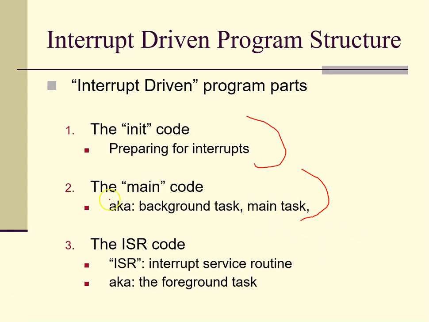The main code is the background task or the main task, and the ISR code is the foreground task or the interrupt service routine. It goes by different names. Or this can actually be the interrupt handler as well. So it's a little bit of semantic memorization, but I want to keep my programs very structured, and if I know I'm dealing with interrupts, I want to do everything up front and divide it up between the main code and the interrupt code, and you'll see that come up soon.